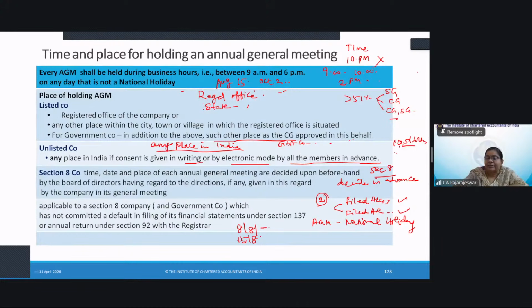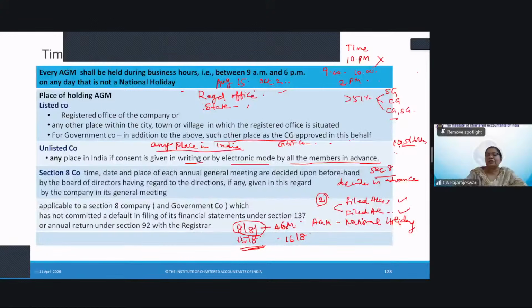Then you should be careful when the question says 8th August, AGM is going to be held. Why are they specifying 8th August? Because if quorum is not there, it gets postponed to the next week automatically. If that day is a national holiday, it can only be held on 16th August, which is not a national holiday. That is the rule.